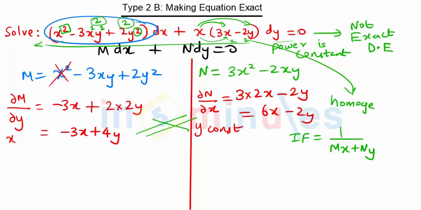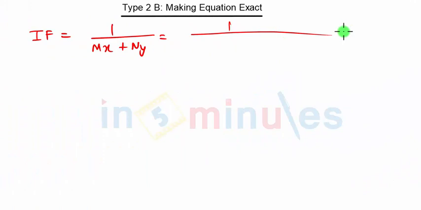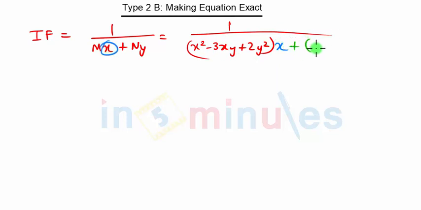So now we are going to calculate the integrating factor. What is M? M is x square minus 3xy plus 2y square multiplied by this x, plus what is N? N is 3x square minus 2xy multiplied by this y.